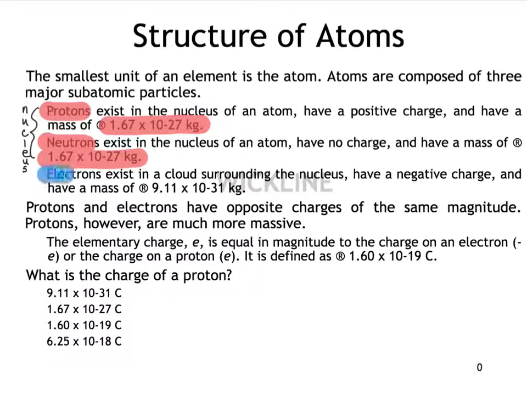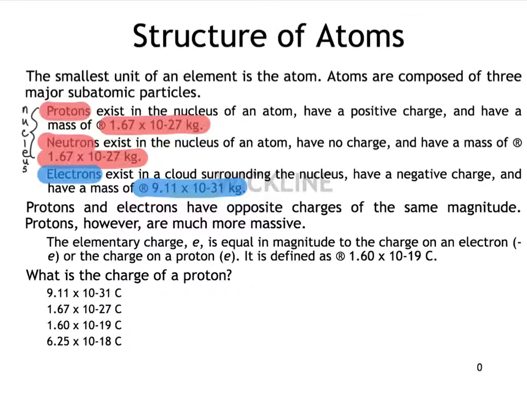Additionally, we have electrons, and their mass is very, very much lighter than the mass of protons and neutrons. You can find this mass on the reference table, but in chemistry class, you should know that it actually is considered to be a massless particle, but in physics we do give it this mass, 9.11 by 10 to the negative 31 kilograms.